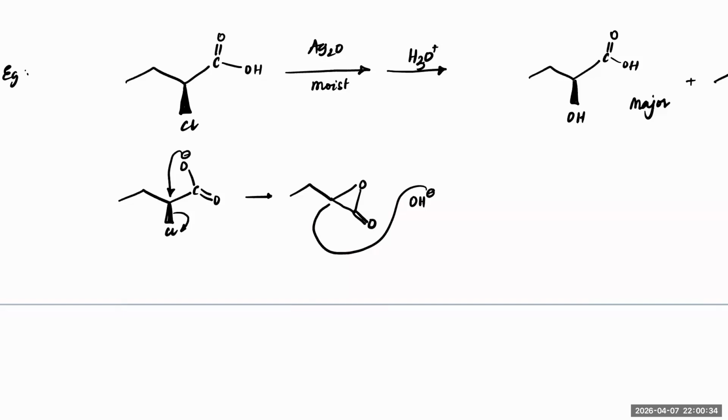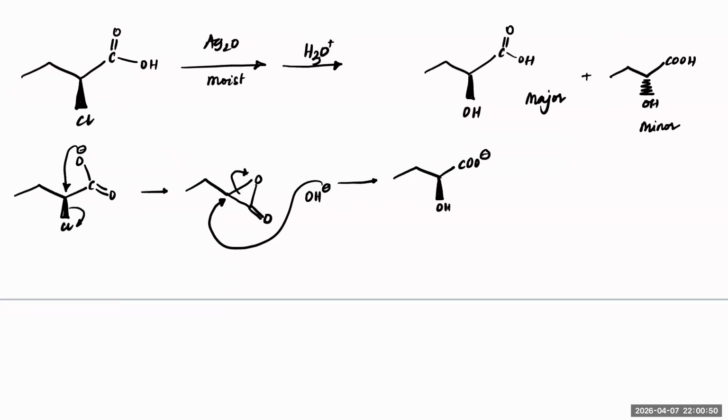That OH minus will attack from the same direction from where the chlorine has gone. So that's how OH comes onto the same position, and that O minus will go again, and this will become CO minus again. Correct? So eventually on hydrolysis, we will get COOH and OH.